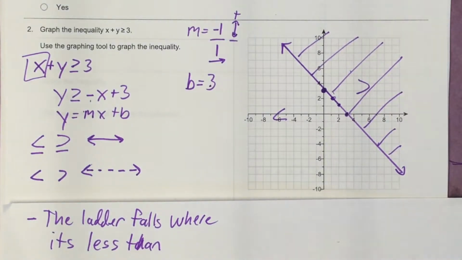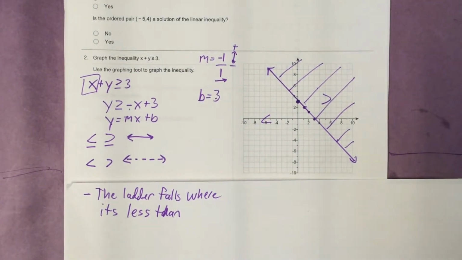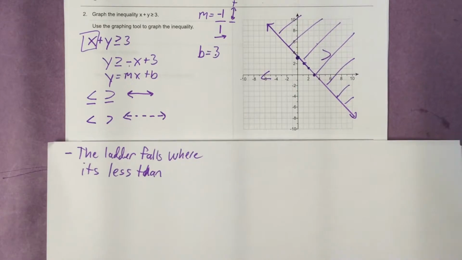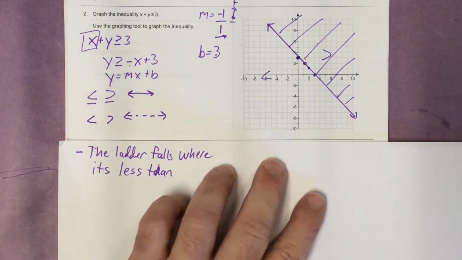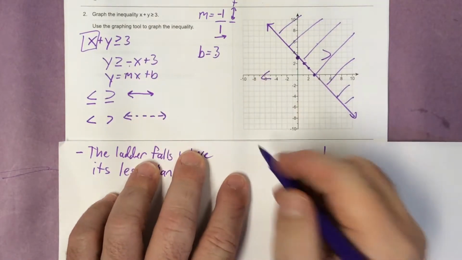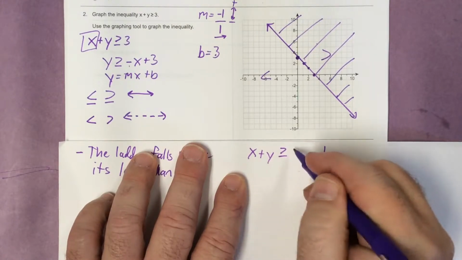All right, so let's just illustrate that with an example here. Okay, and for this, because I want to show everything together, I'm going to zoom out a little bit so I can show that work in a little more detail. So what I'm going to do, I'm going to write down the original inequality. x plus y is greater than or equal to 3.